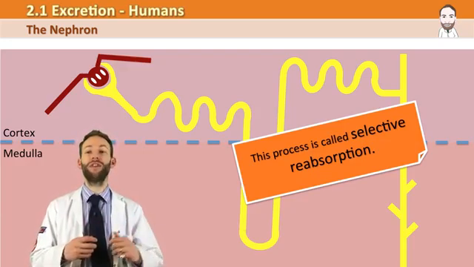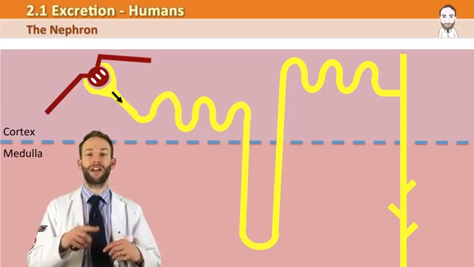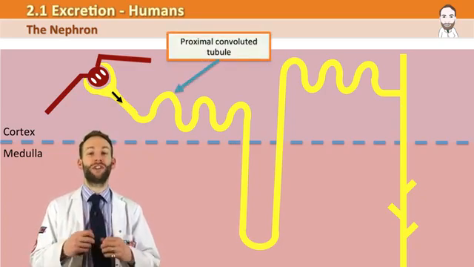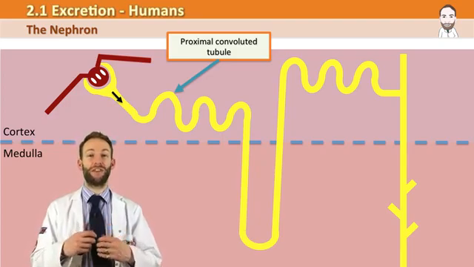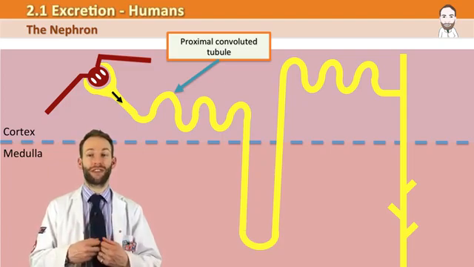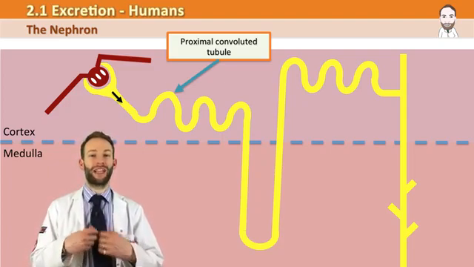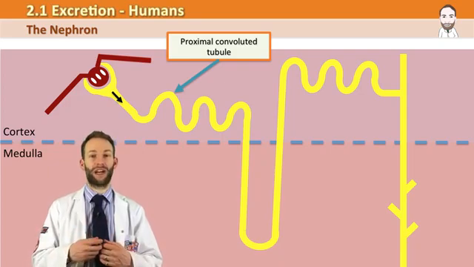So the fluid starts to move along the tube and comes to the first wavy part of the nephron, which is called the proximal convoluted tubule. Now 85% of selective reabsorption, as it's called, happens here. All of the glucose gets reabsorbed here, and a lot of the amino acids and a lot of the ions do as well.